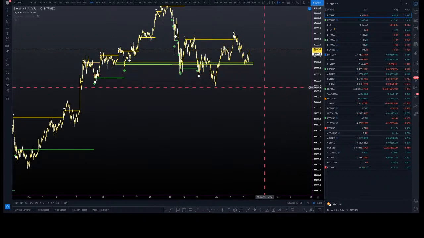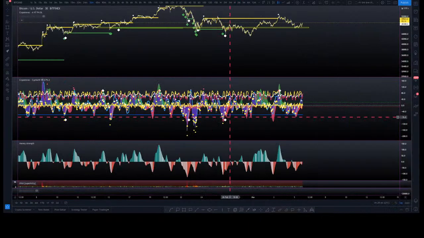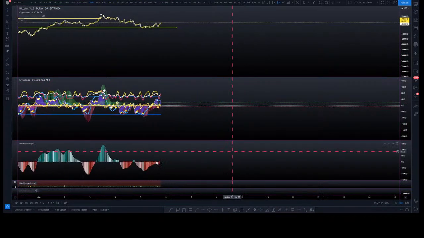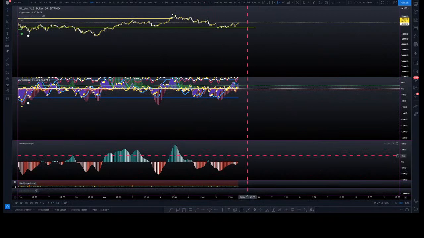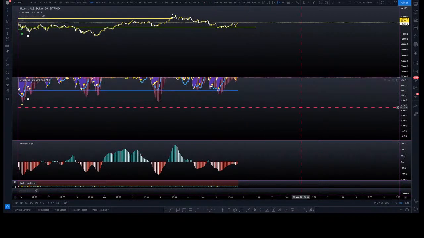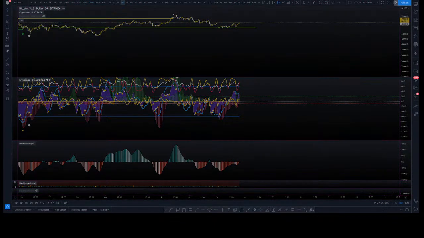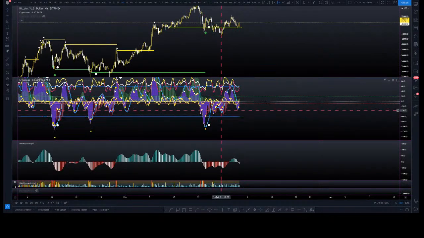So what can we see with the momentum waves? Well, on the 30-minute, let's see. We're seeing some strength going up, building up. I'm just going through how I look at the market, guys. Like I said, we're strong here. We broke out to the downside.